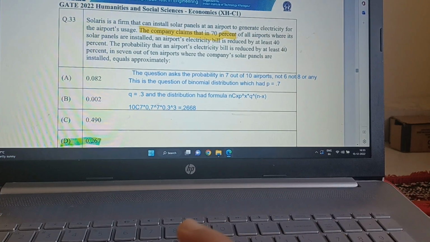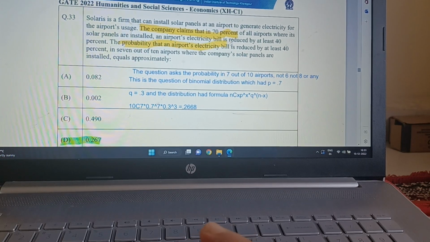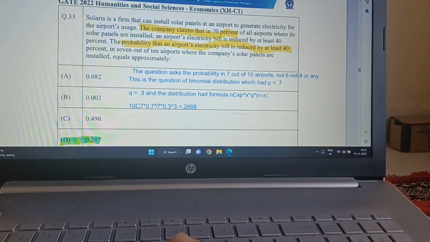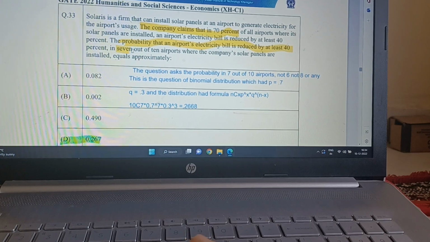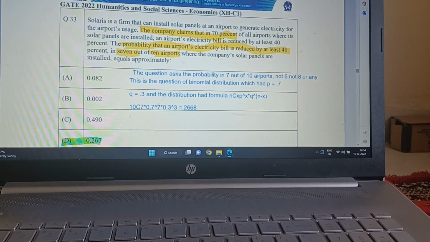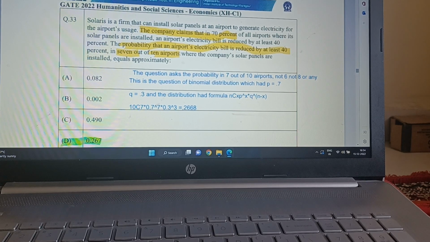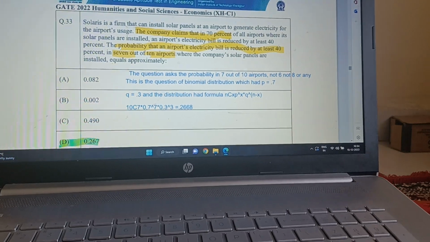Now the question is, the probability that an airport's electricity bill is reduced by at least 40% in 7 out of 10 airports. So it has installed solar panels in 10 airports, and what is the probability that only in 7, not in 8, not in 6, not in 9, not in 10, or not in 5, but exactly in 7 airports the company's solar panels have reduced the electricity bill by at least 40%.